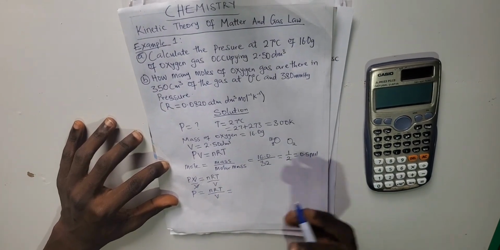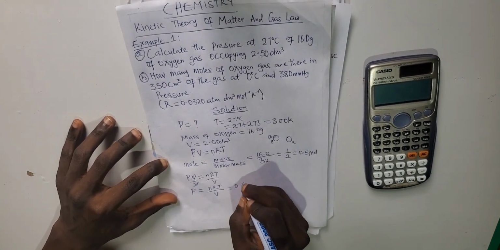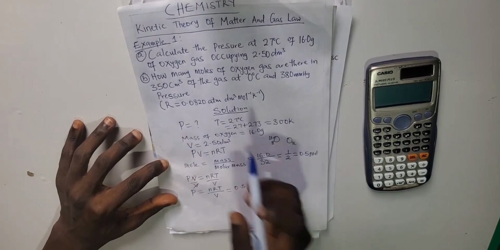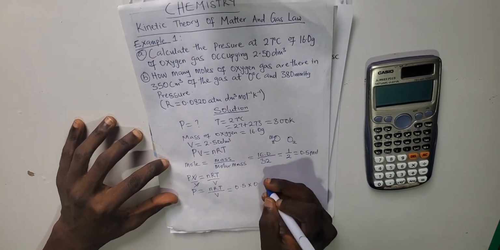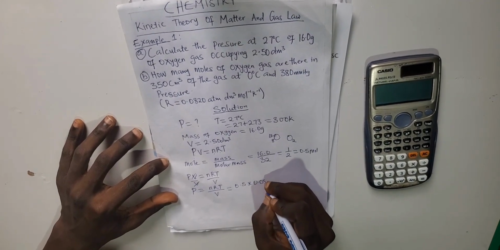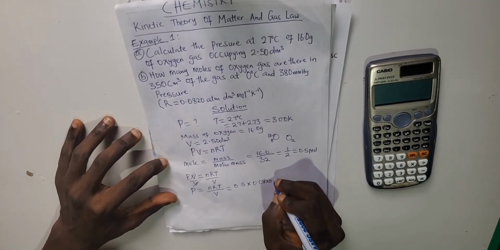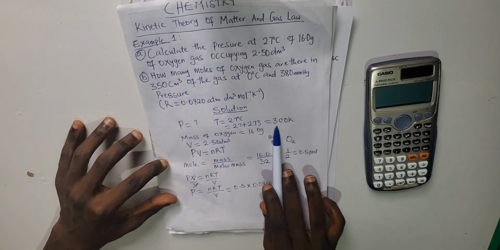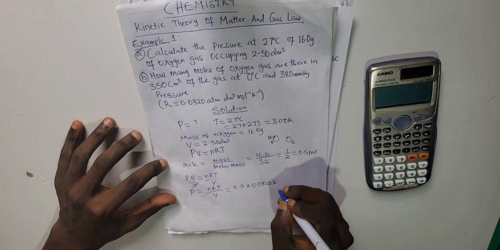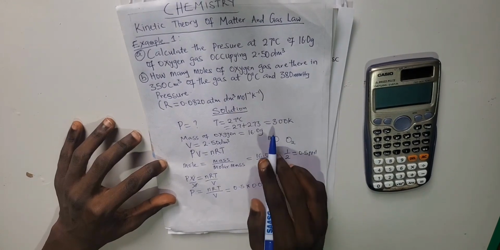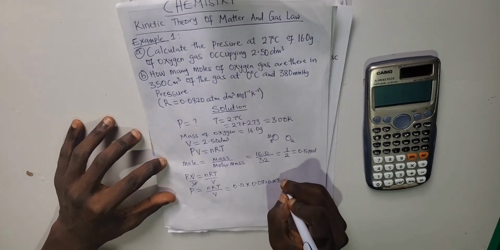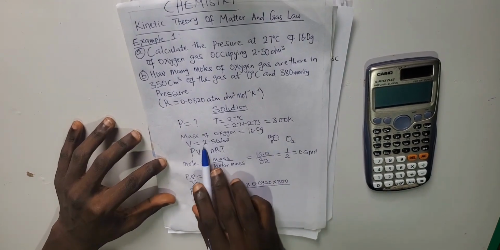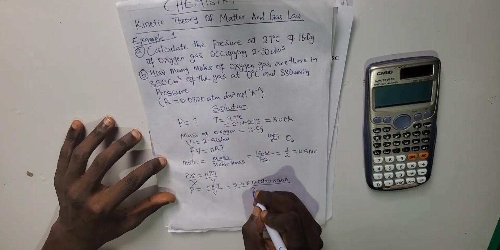Our n is 0.5, times our R, which is 0.0820, times our temperature, which is given to be 300 Kelvin, all over our volume, which is given to be 2.5.